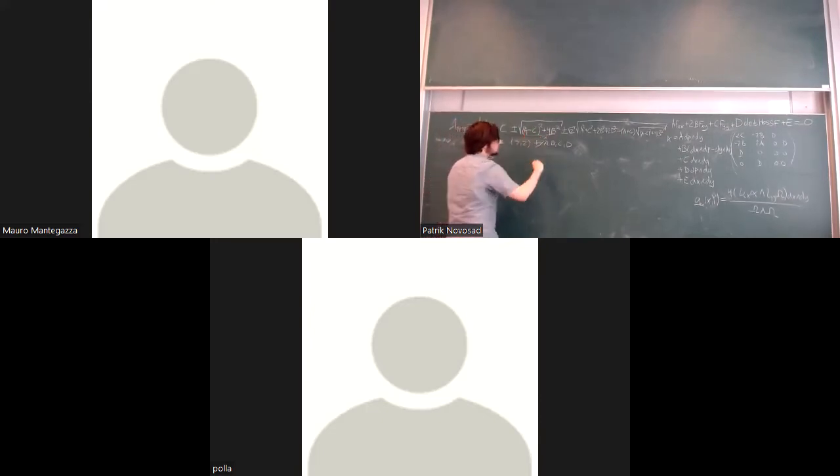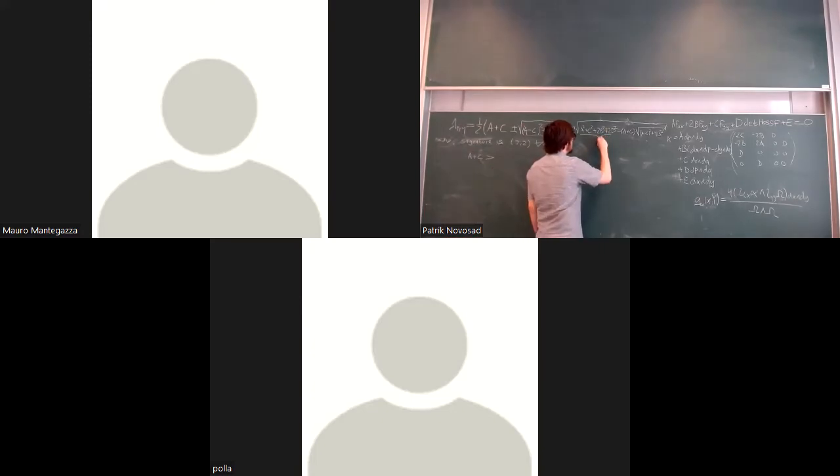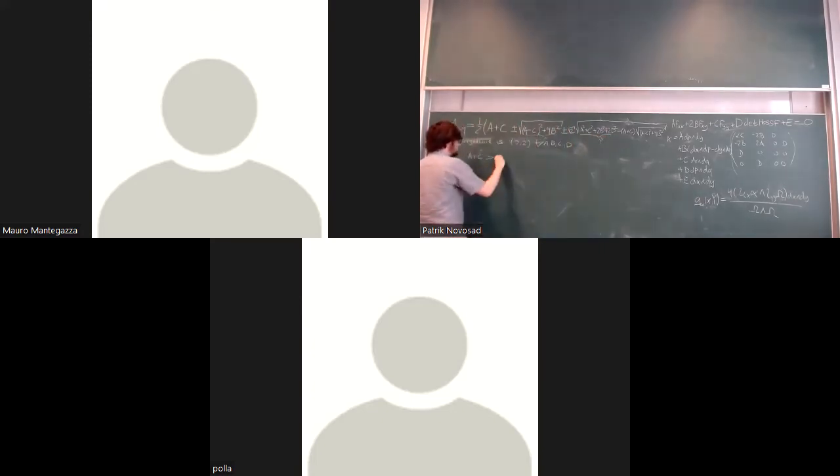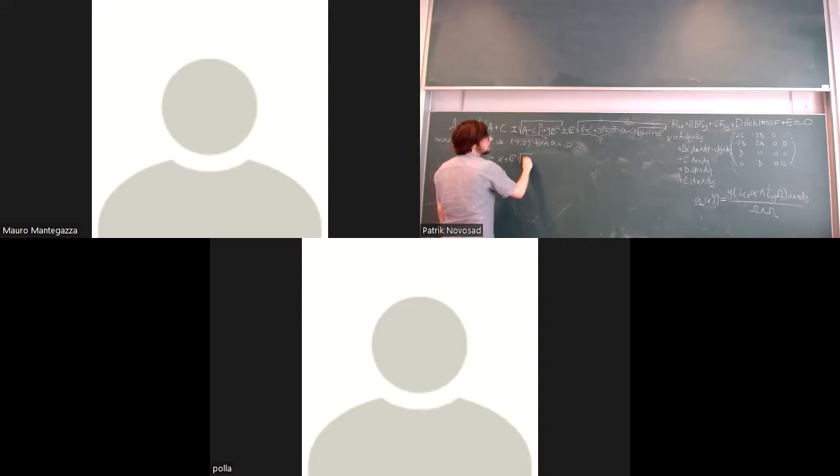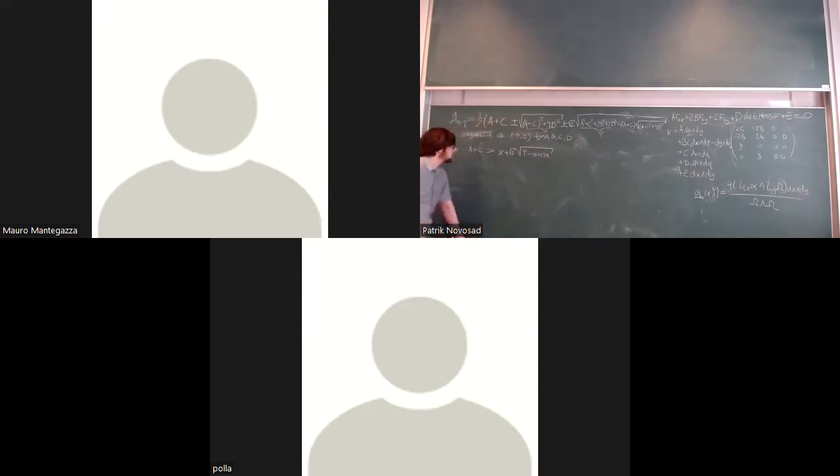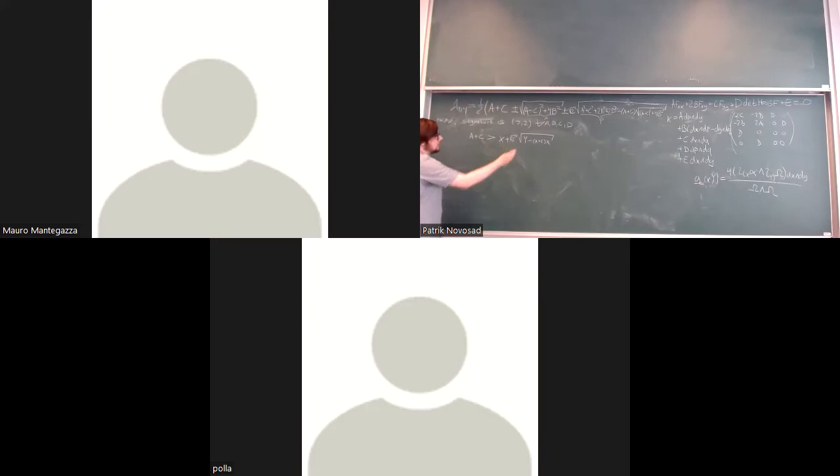So if I call this X, call this Y, just to be short, if it's bigger than X plus Y, X plus square root of 2 X. And then, yeah, we just solve this inequality.